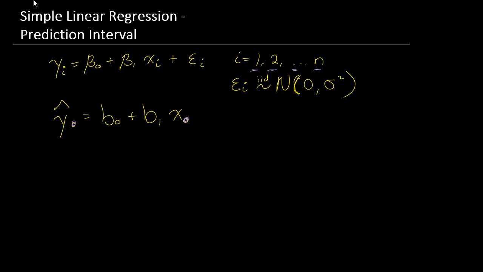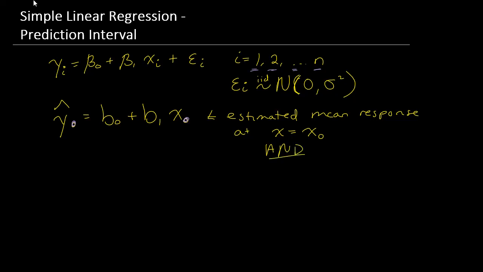All right, so this is the estimated mean response at x equals x naught. And this is also the predicted value of the response at x equals x naught.